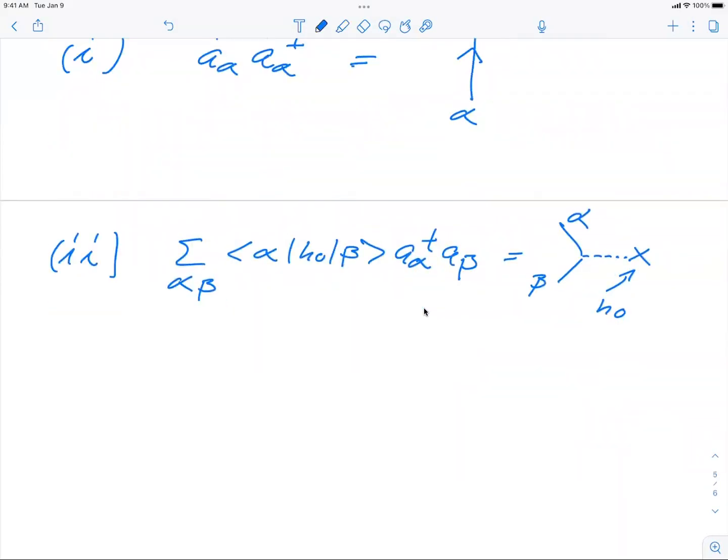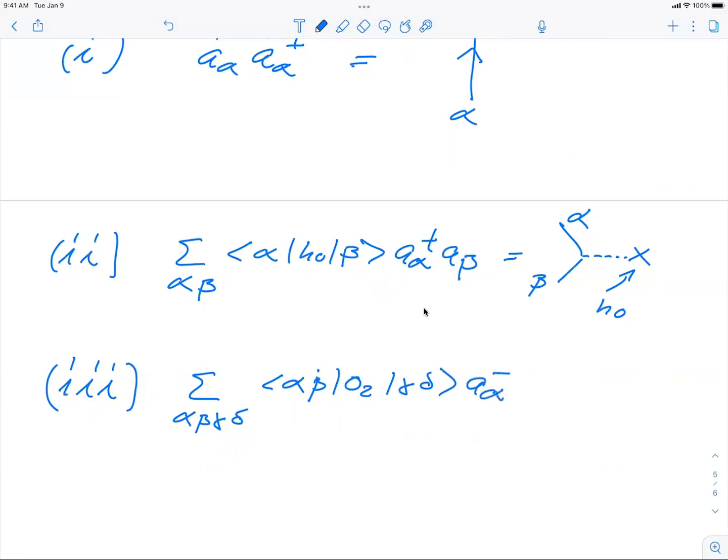Then if we take a two-body operator, let's write this out as a sum over alpha, beta, gamma, delta, and let's just write this as an O2, which could be just a two-body operator. It could be the interaction between two particles, or an operator for specific decay, or whatever.